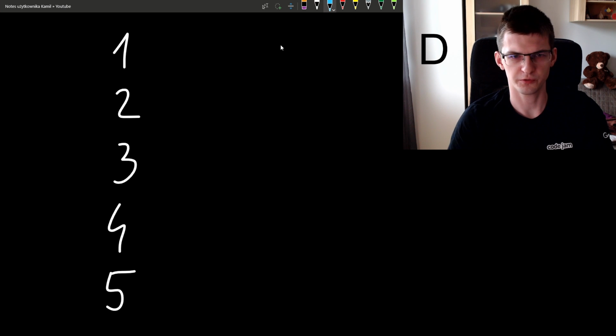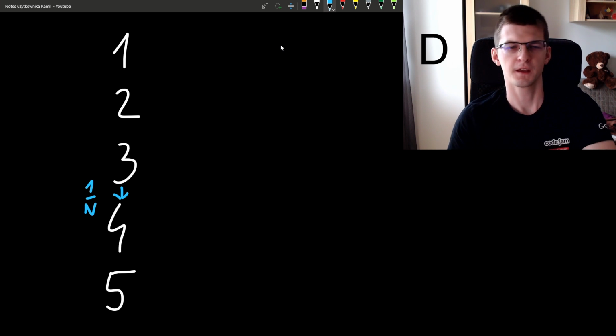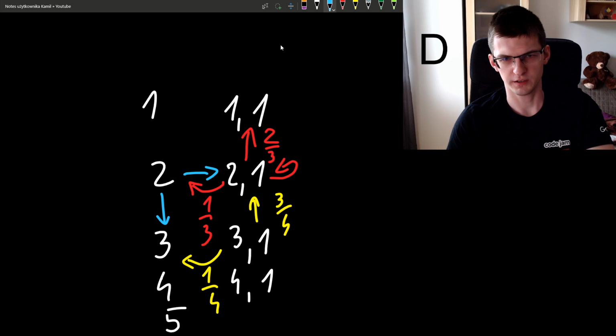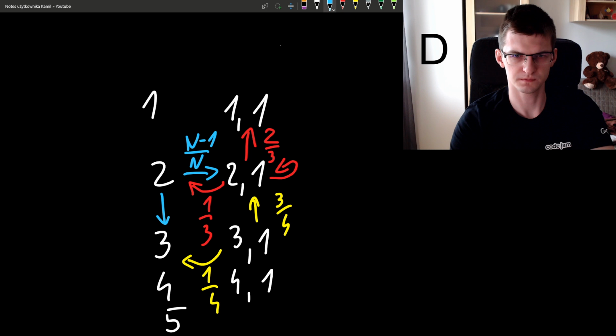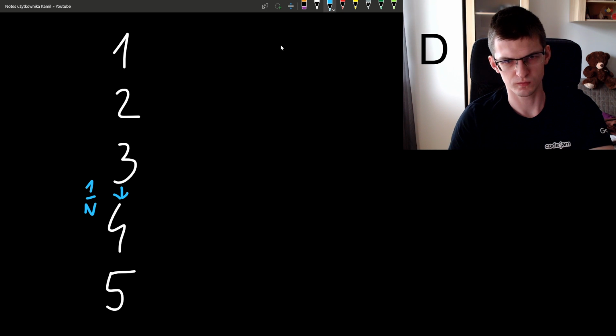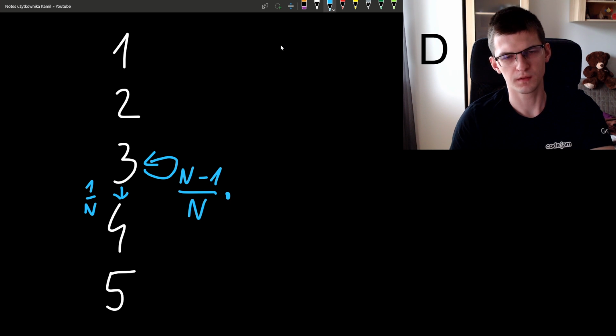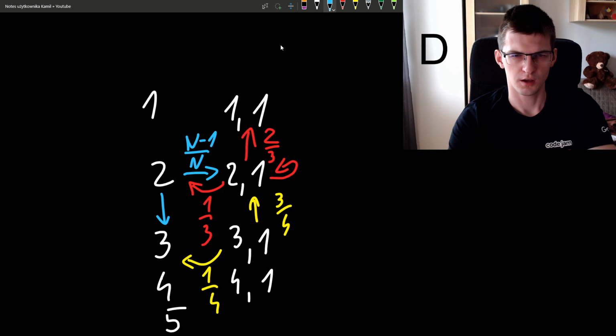Okay. So from 3, probability to move just down by 1 is 1/n, I believe. Otherwise, I move right with probability n-1 over n, and then stuff happens. I can move to the left immediately, with probability this. There is 1/4 for that.